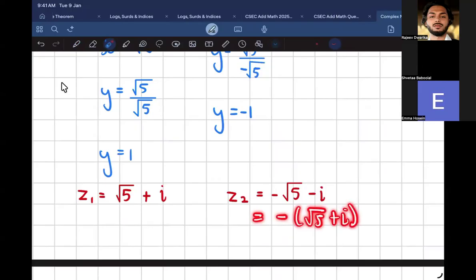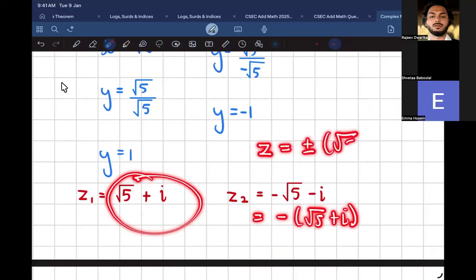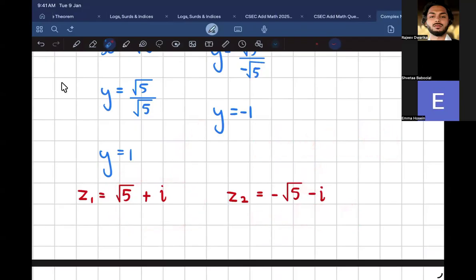Isn't that just the negative version of this? Yes. So I could write the general solution for z as plus or minus root 5 plus i, because plus of that would just be this, and negative of that would just be this.